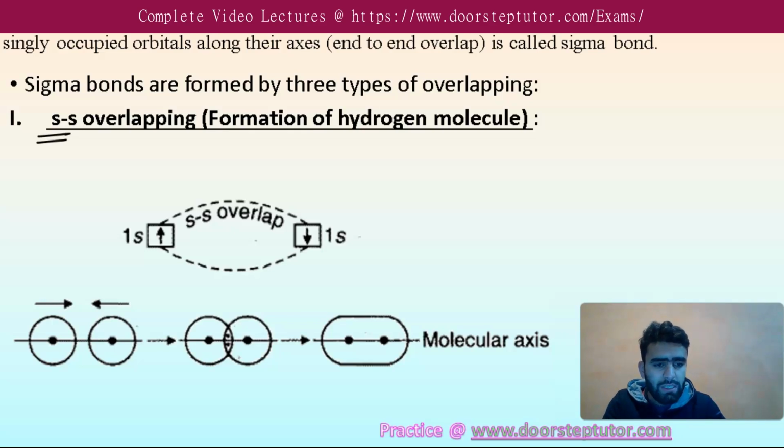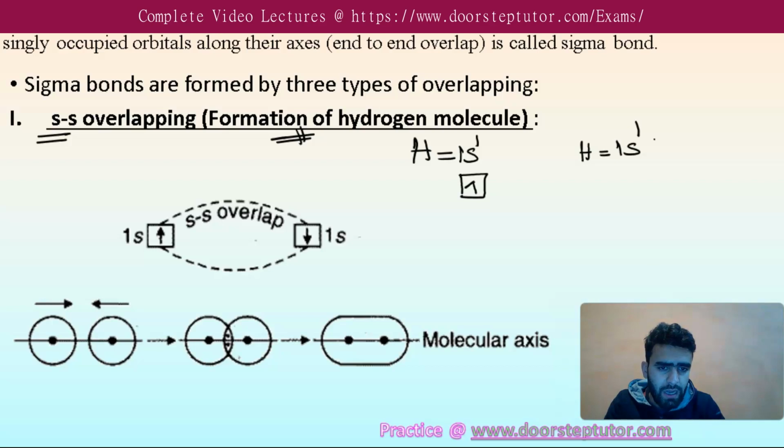So let us look at how ss overlapping occurs, and for this we will take the example of the formation of a hydrogen molecule. As we know, hydrogen has the electronic configuration 1s1. Similarly, another hydrogen has the same electronic configuration of 1s1. This hydrogen has one electron in its outermost shell, and the other hydrogen also has one electron in its outermost shell.